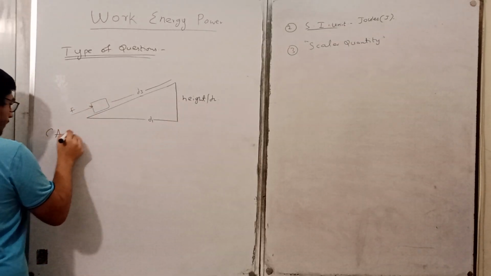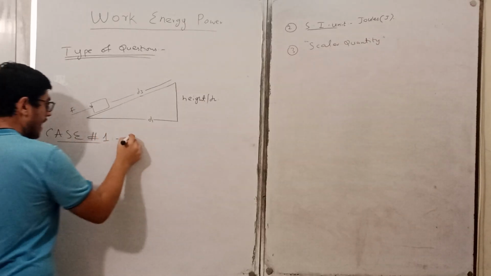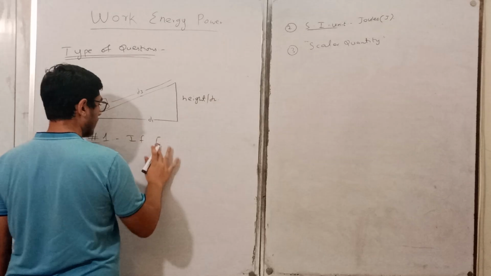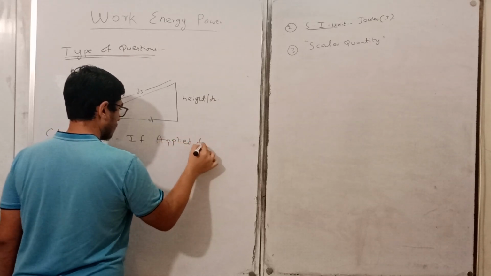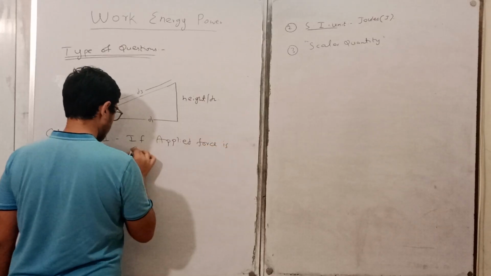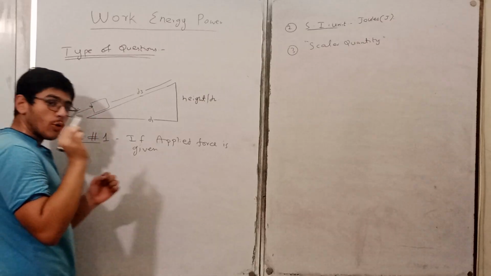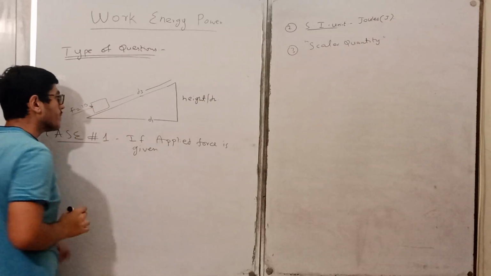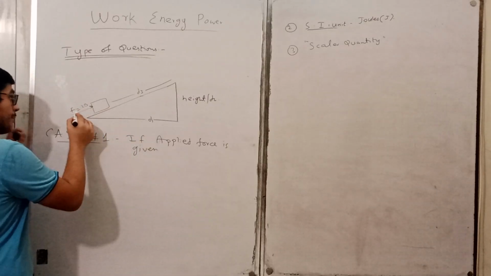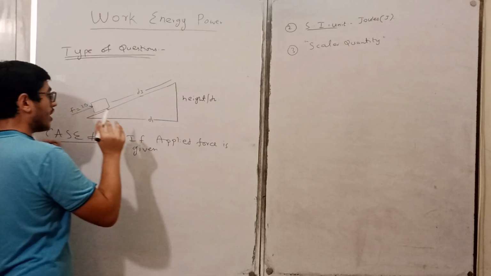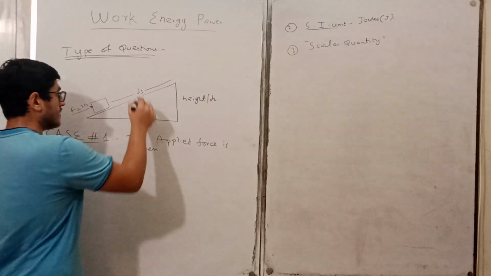Case number 1. If applied force is given, for example, this force is 20 newtons, since applied force is given, therefore for work we will consider that displacement that is parallel to the force, that is D3.